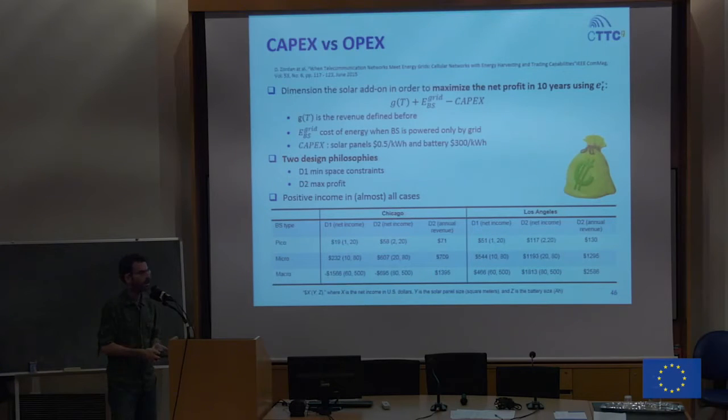So what we are saying is that this is really feasible and convenient for an operator to invest at the beginning of the life cycle of a base station in some additional energy harvester, because then there is a return on the investment, and it can even earn some money at the end of the life cycle.